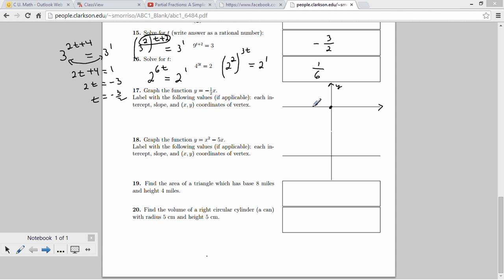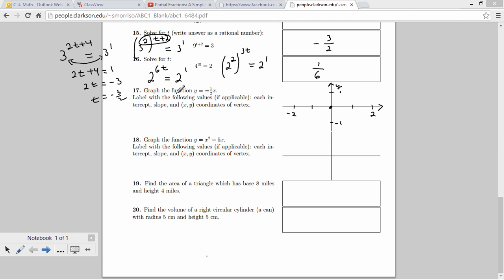So I'd probably map out something like this. So that would be like negative 2. And you don't have to label every point as long as your scale can be determined. I'd call that a 2 there. And then trying to be consistent, this would be negative 1 here, and this would be positive 1 here.